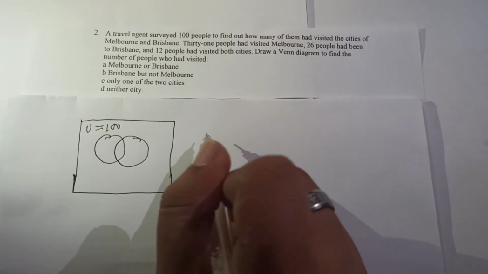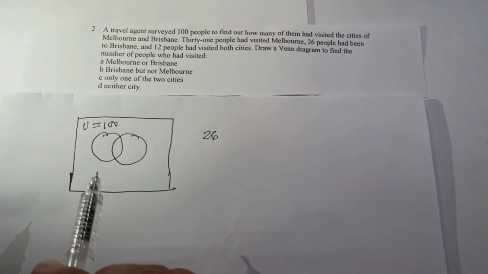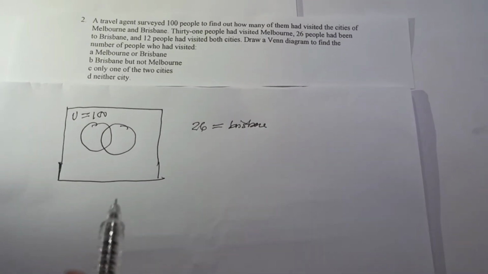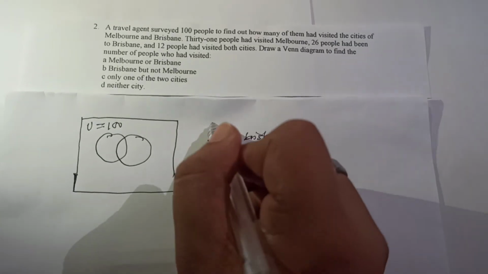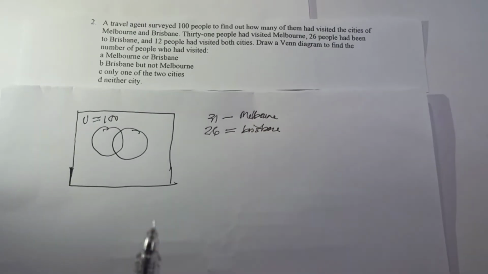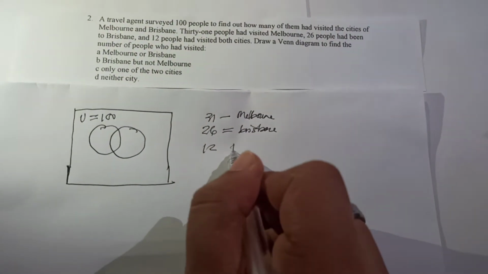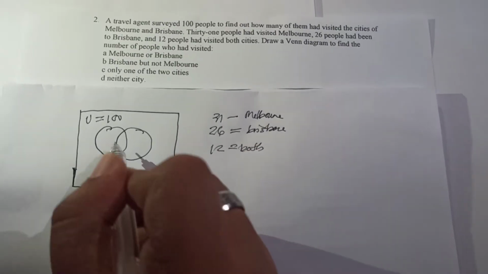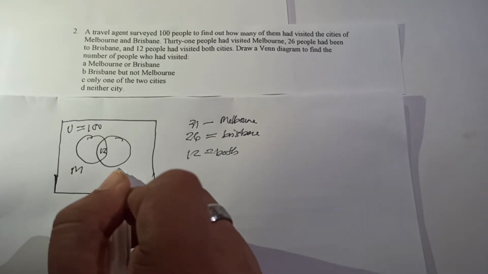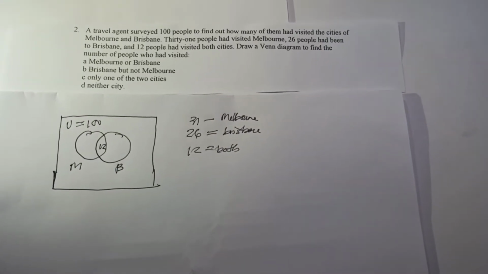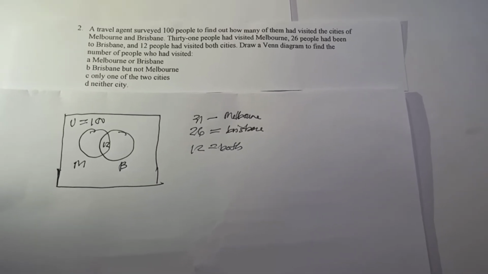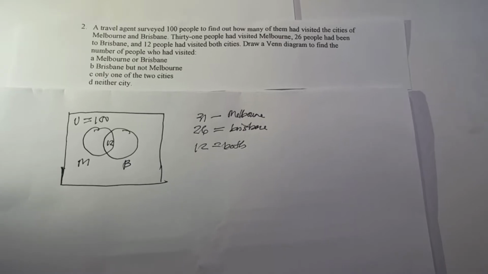There are 26 people who had visited Brisbane, and 31 people had visited Melbourne, and 12 had visited both. So there is an intersection between Melbourne and Brisbane. In this 26, it is understood that there are people who also visited both Melbourne and Brisbane.